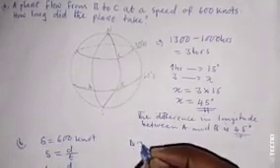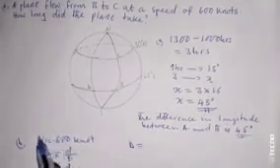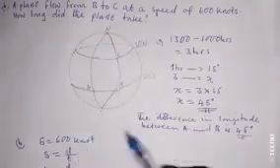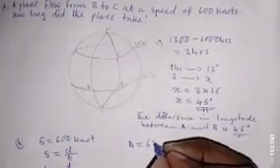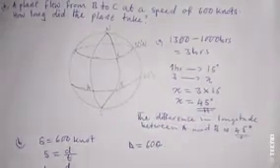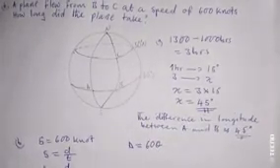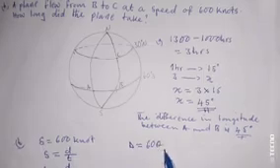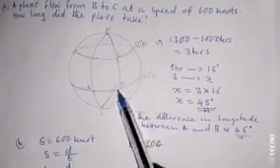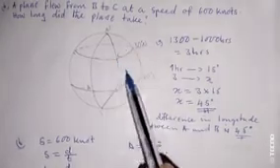Since it is in nautical miles, the formula you are going to use is distance is equal to 60 theta. This will help us answer with fewer challenges. Theta is the difference in latitude.